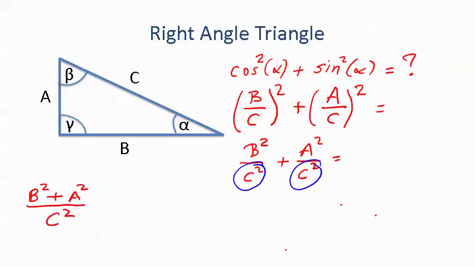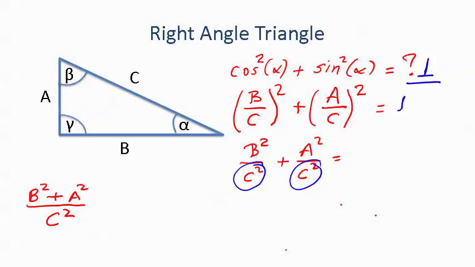However, we know that sine squared plus cosine squared is equal to 1. This is a trigonometric identity.